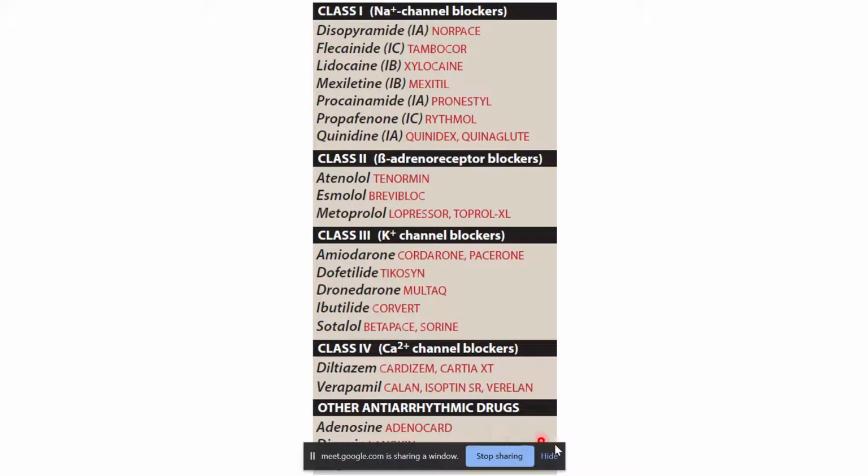And then there are also other antiarrhythmic drugs, including adenosine and digoxin, that is the cardiac glycoside, mostly used for the congestive heart failure treatment, but also has some anti-arrhythmic properties.